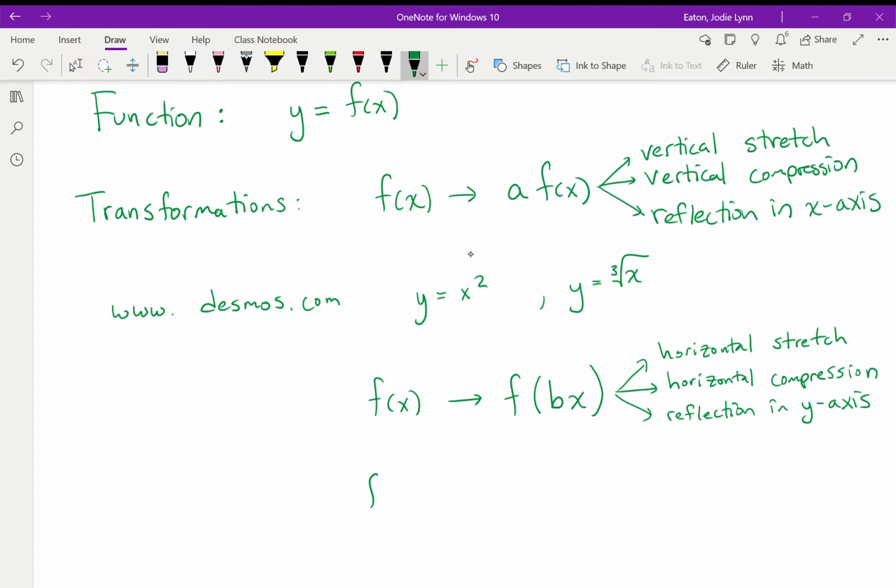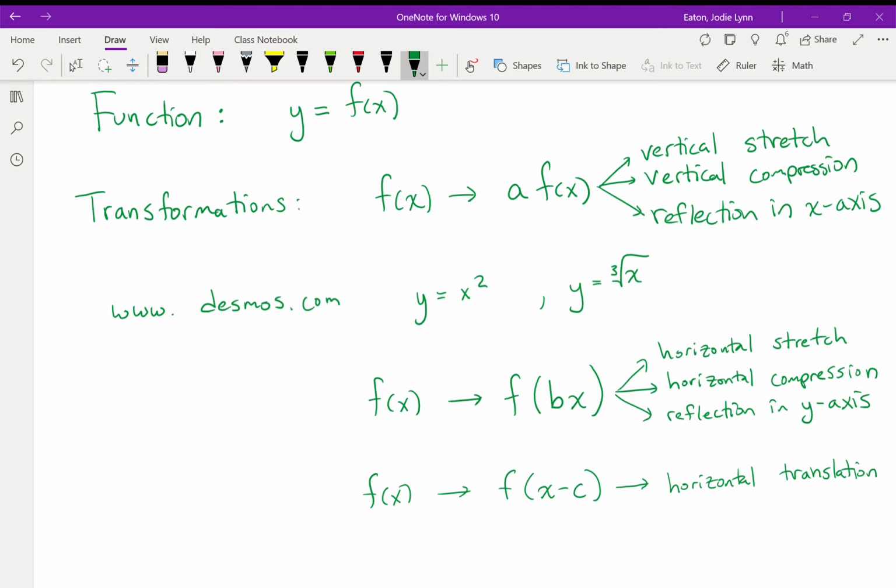Similarly, we are going to look at when f of x is mapped to f of x minus c. What happens when we subtract a number from the x? What if we're adding or subtracting something in the x? This is going to give you some kind of horizontal translation. So generally, things that are happening to the x are going to change things in the x direction.